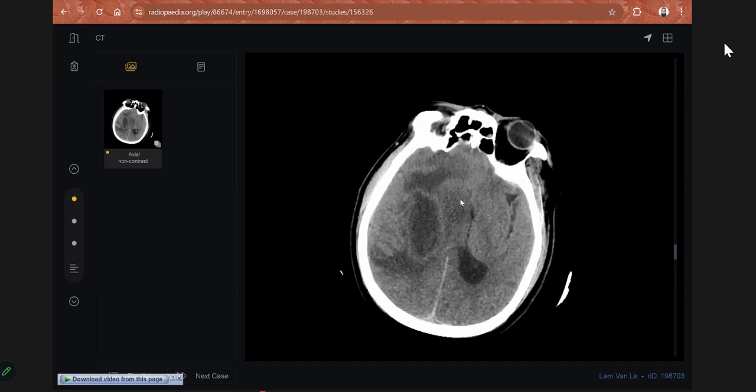So if this is an abscess and the patient's age is 60, how will you inform the clinician that this is an abscess and not mets? What will be the features of the enhancement pattern? First of all, there will be a ring enhancement. Number two, usually mets present with multiplicity of lesions.